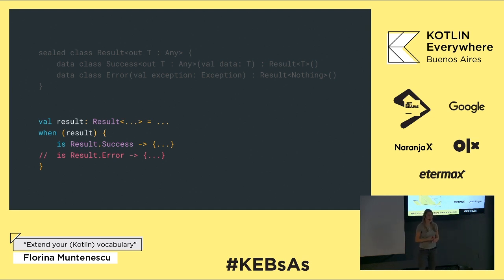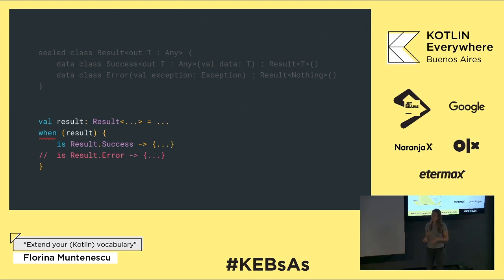Or what if someone else ends up adding another branch, let's say an in progress to a result, and then you forget to check all of the places where your result is being used? For those kind of cases, you would have to rely on your memory or on your search skills, but I think it's better if you rely on the compiler, and we have this enforced by the compiler.